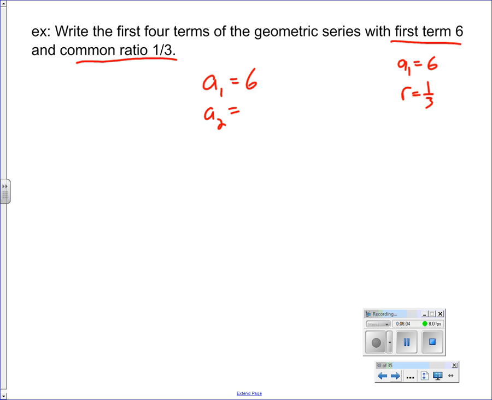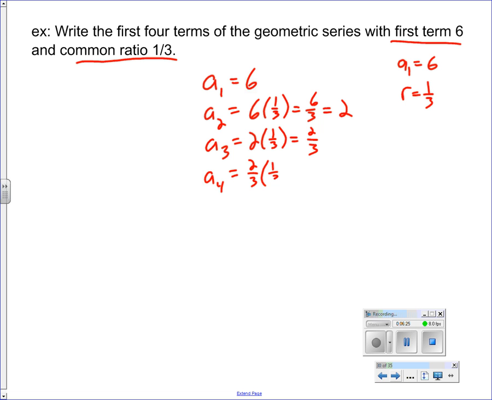For the second term, I'll multiply 6 by 1/3, which makes 6/3, or 2. Third term, I'm going to take that 2, multiply by 1/3, which will make 2/3. And for the fourth term, I'm going to take that 2/3 and multiply again by 1/3.